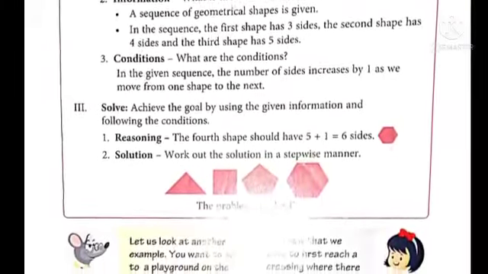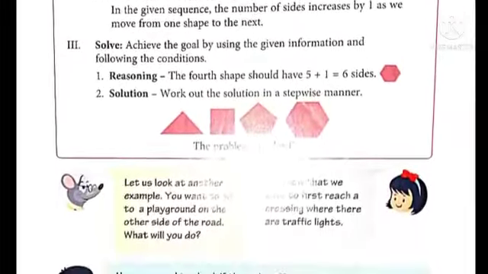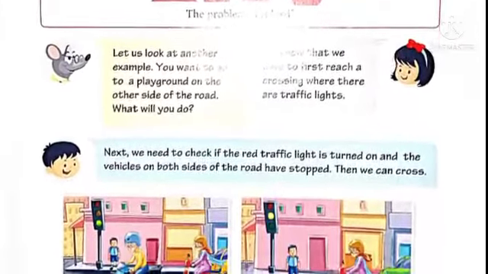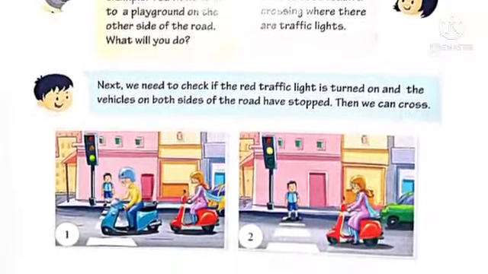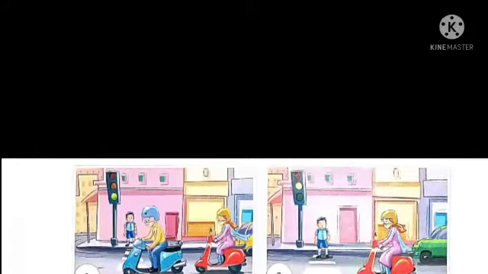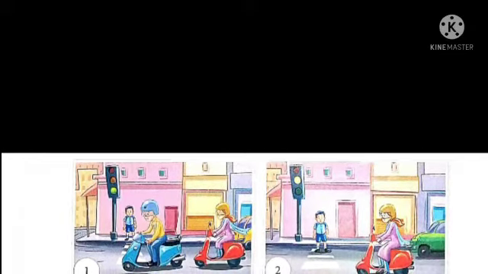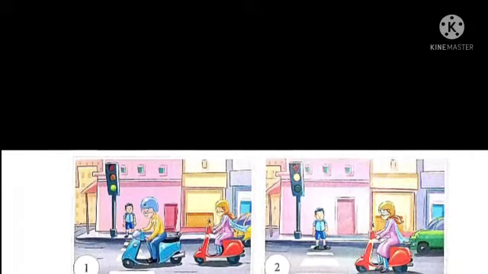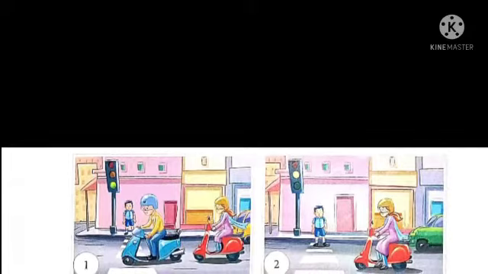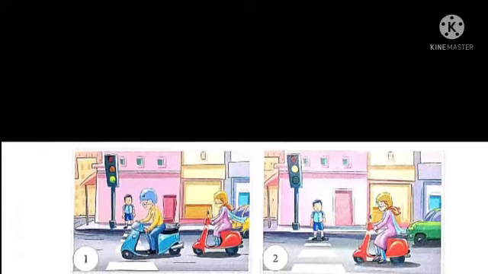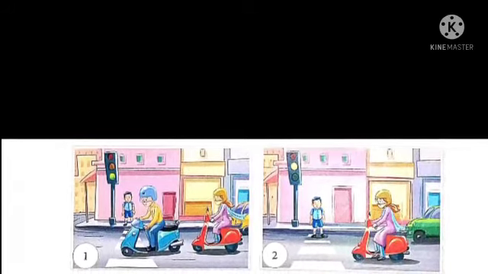Now see the next problem where you want to cross the road. These are the pictures from which you have to analyze the given problem. Analyze means you have to find out the information from this picture. Now the first step is to find out your goal. The goal is to cross the road. Now the information available.